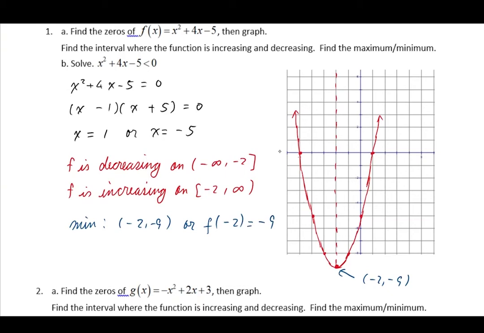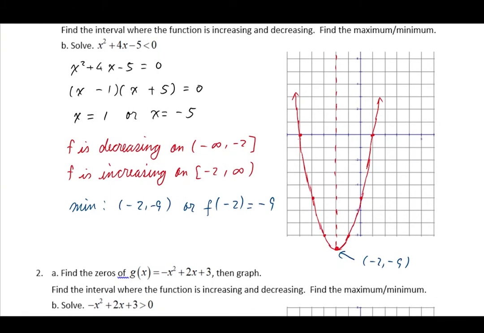Okay, now let's solve this inequality then. If I say x squared plus 4x minus 5 is negative, then I am looking for wherever my y value is negative. That happens to be this part right here, isn't it? So in order to satisfy that, my x value has to be in between here.